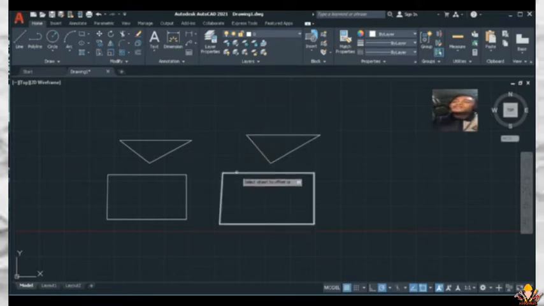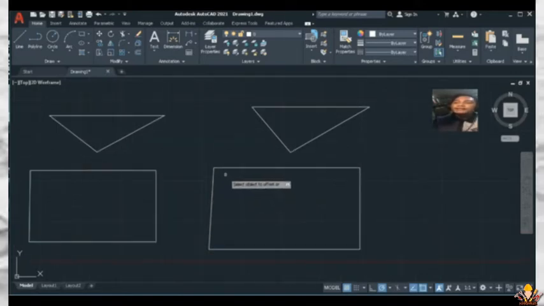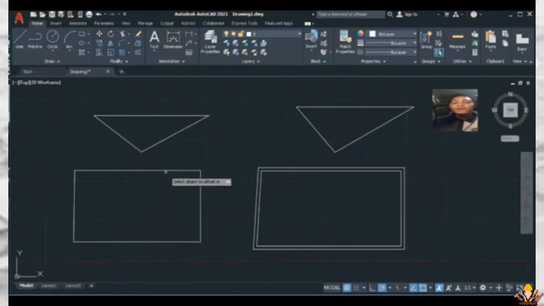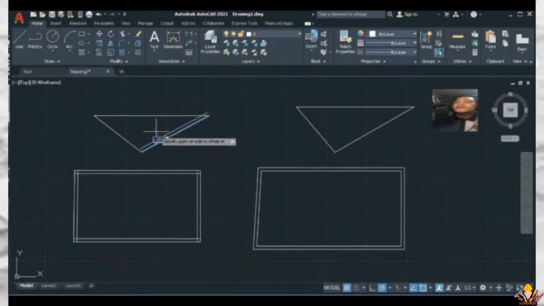And here you will see the difference between the polyline and the line as I put the offset. As I put the offset on the polyline, the whole figure will be affected, while on the line only one side of the figure will be affected, just like this. And also on this one.